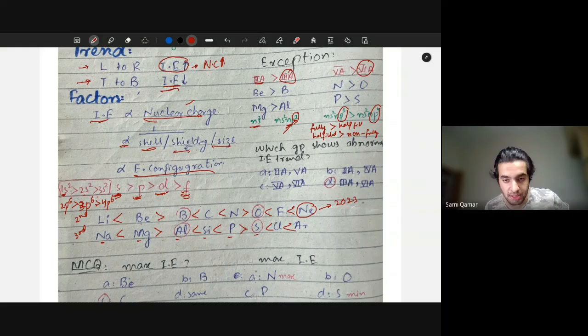Here nitrogen has 3 electrons in the p subshell. What does that mean? It is half filled, so it is more stable than oxygen, which has 4 electrons. So we will need more energy to remove 1 electron from the half-filled p subshell, while in oxygen we have 4 electrons like this.